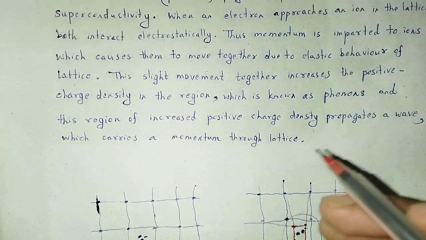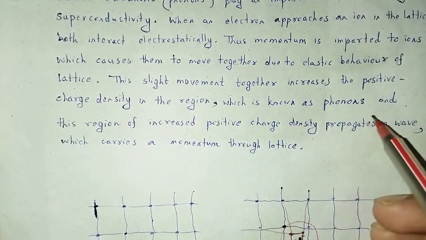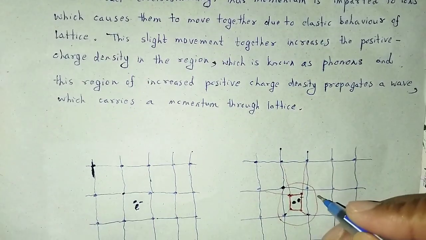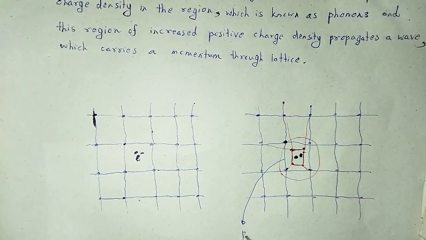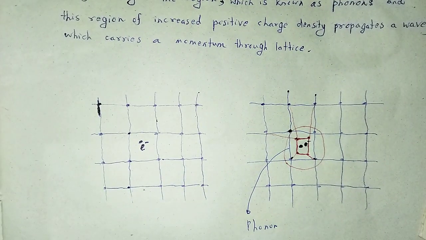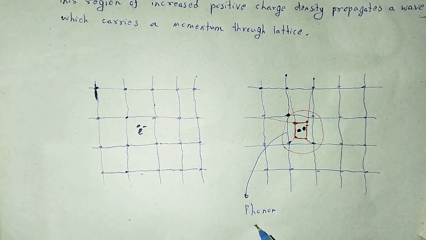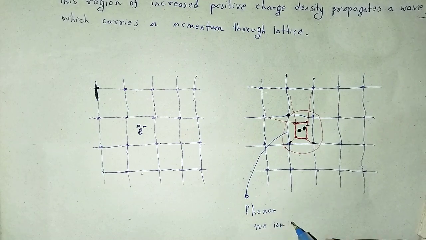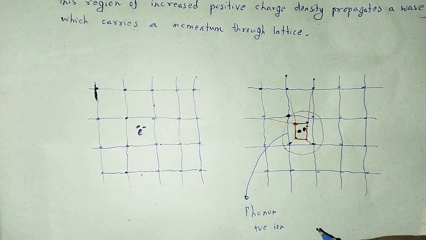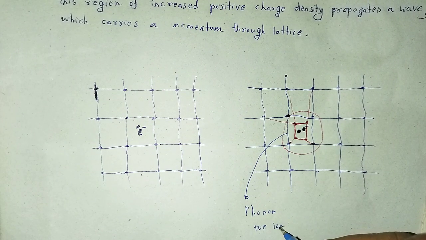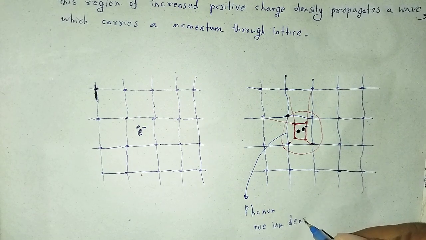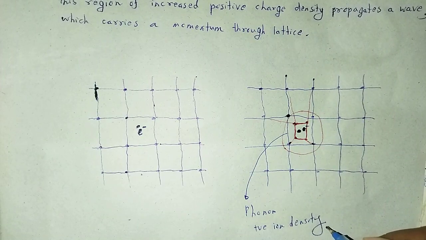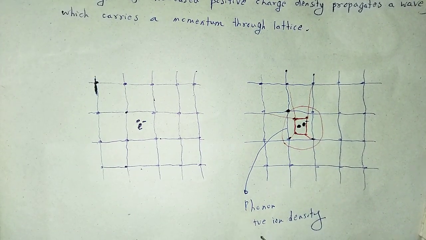Okay. And that is known as a phonon. That region we call a phonon, where the positive ion density is more.